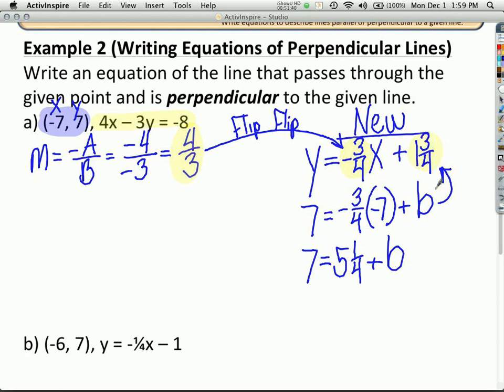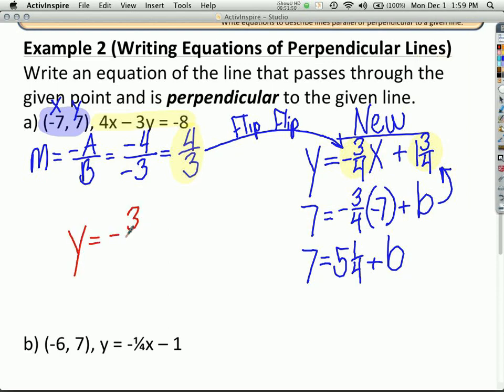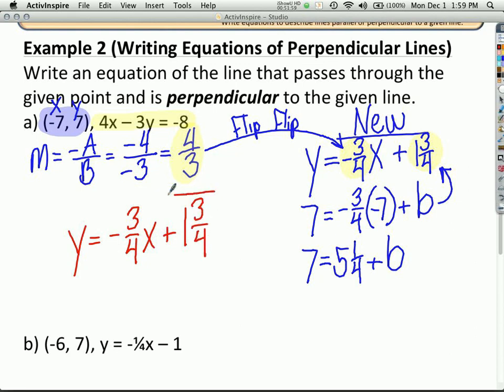And now we have our new equation. And it is perpendicular to the original. So y equals negative 3/4 x plus 1 3/4 is the equation that we were asked to find.